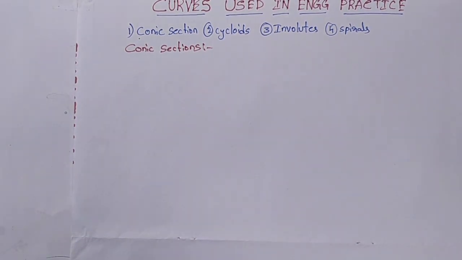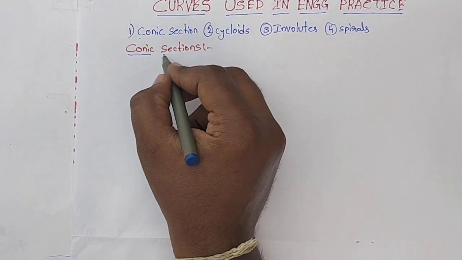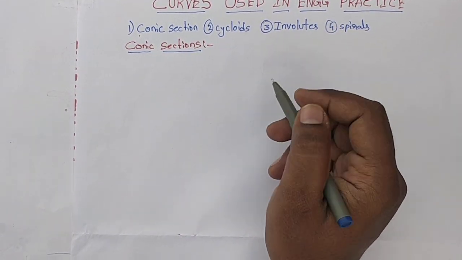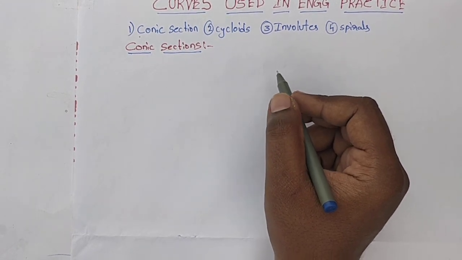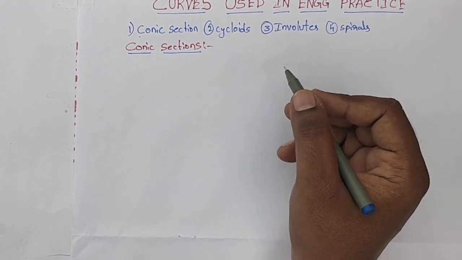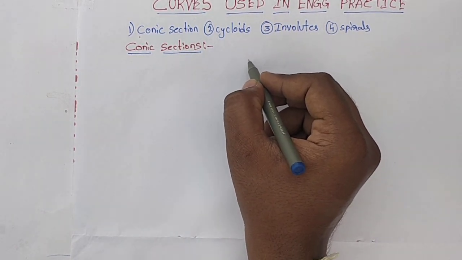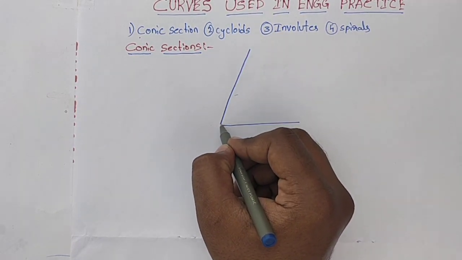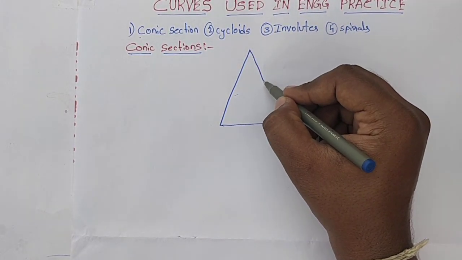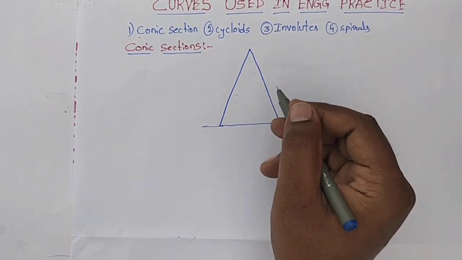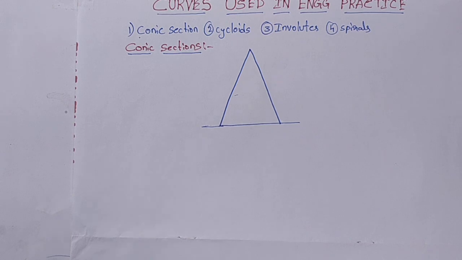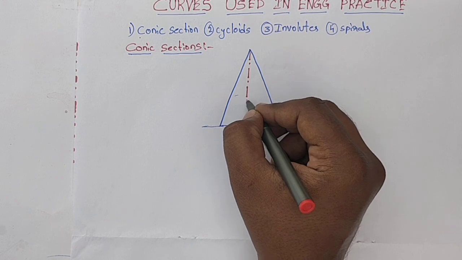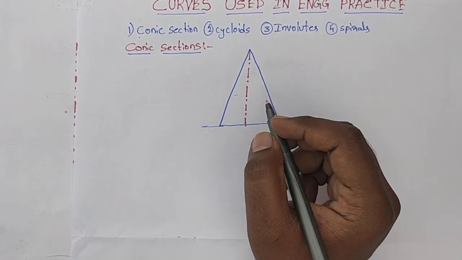What is a conic section? Generally, all of you know what a cone is. When that cone is cut by a sectional plane, it is known as conic sections. Now I am considering a right angle cone having an axis.